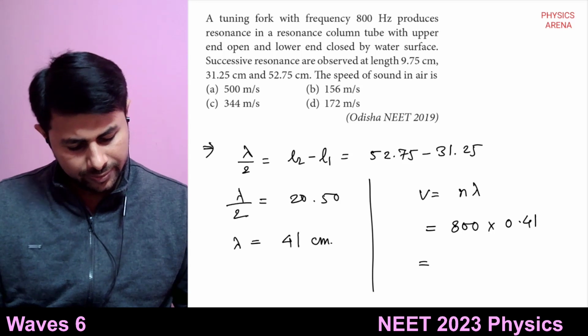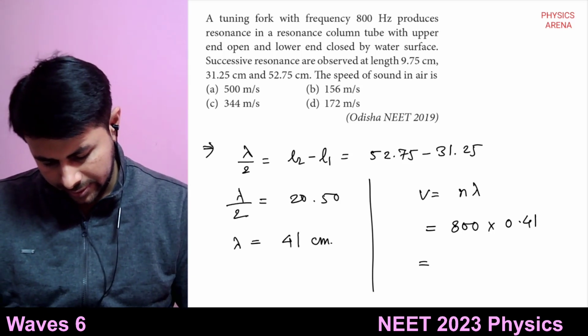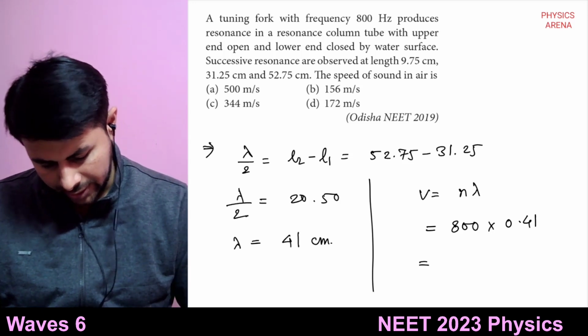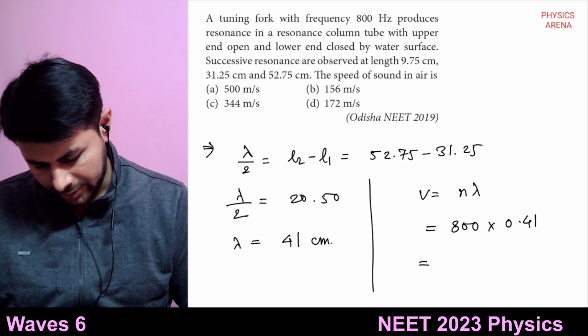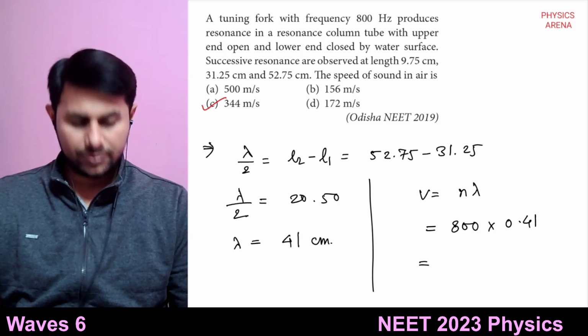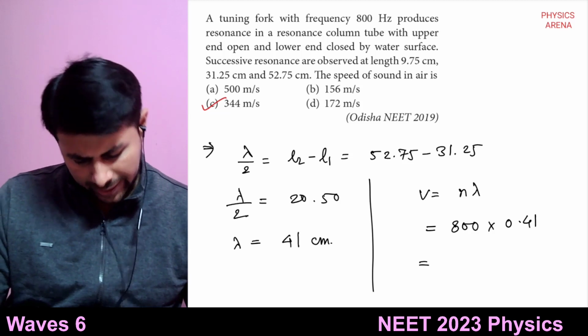So 8 fours are 32. There is only one option, it is 344. Option C. Okay. So is my calculation correct?